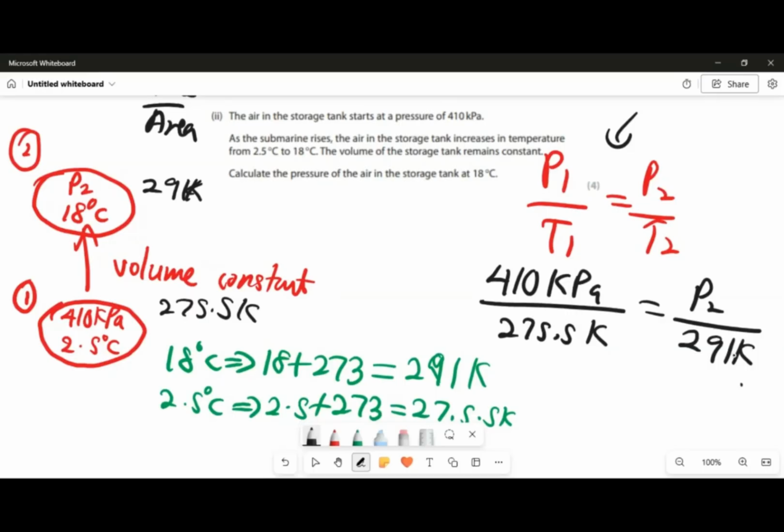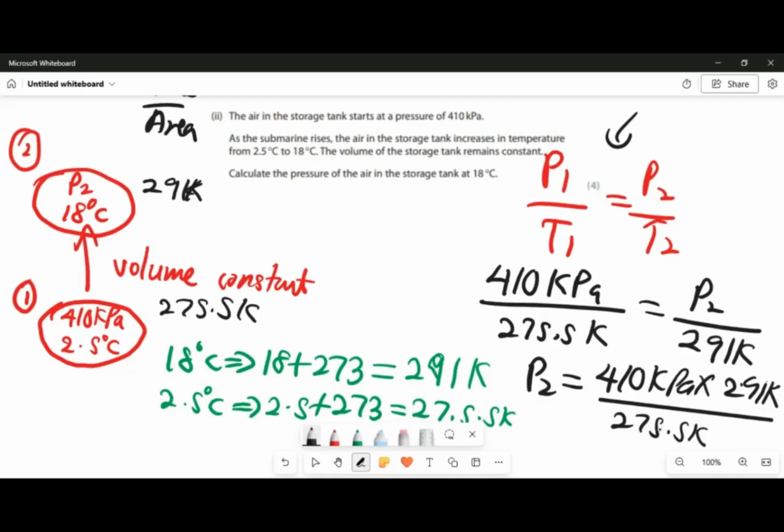So the pressure in the second instance is 410 kilopascal times 291 Kelvin divided by 275.5 Kelvin. So the pressure in the second instance is 433 kilopascal. This is the final answer.